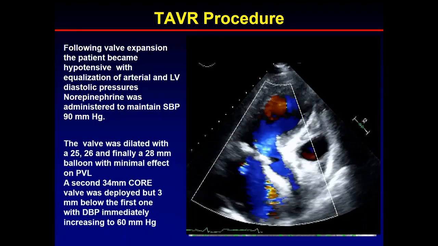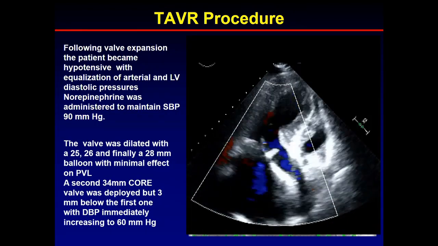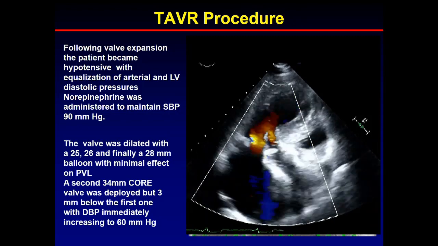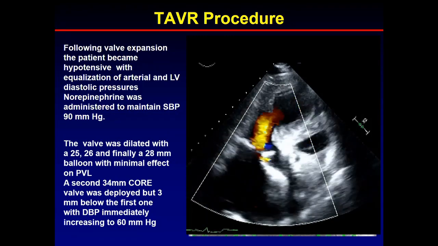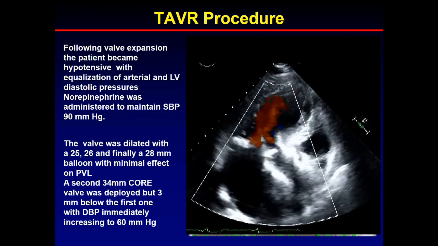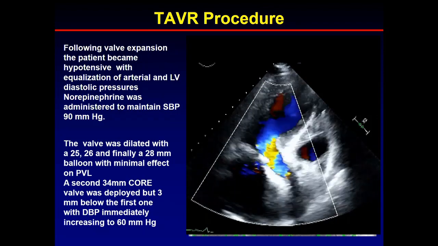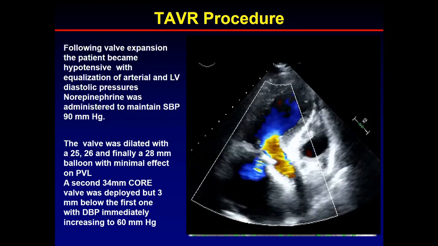So what was done in this case? The valve was dilated with first a 25, then a 26, and finally a 28 millimeter balloon. There was minimal effect on the PVL, and a second CoreValve was deployed, but this time 3 millimeters below the first one, with the diastolic blood pressure immediately increasing to 60 millimeters of mercury.